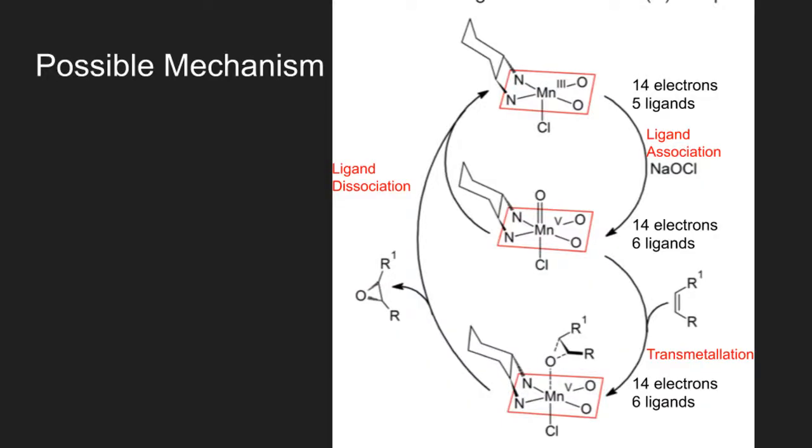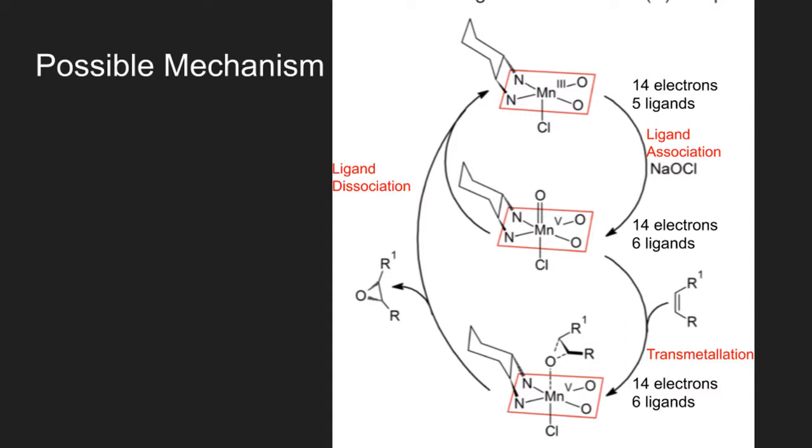Of the 3 mechanisms previously mentioned, the first mechanism, the concerted oxygen transfer leading to cis epoxides, is the mechanism that we would assume to be most likely to occur. This is because the bleach reacts with the Jacobsen catalyst, which allows for the ligand association to occur, causing the manganese to go from an oxidation state of +3 to an oxidation state of +5.